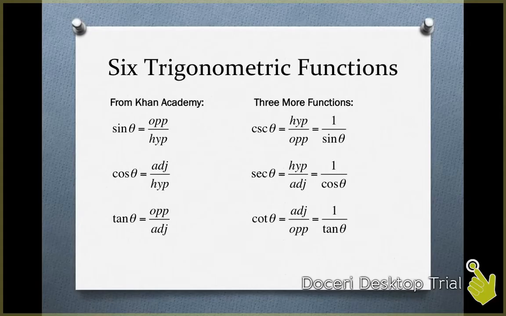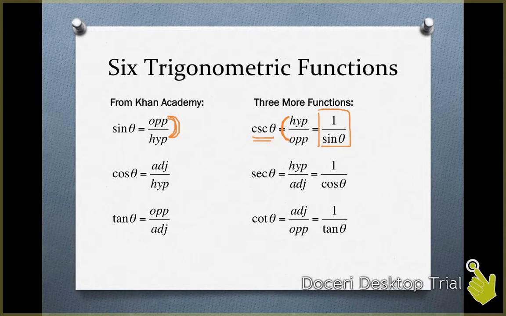So you'll notice here that with the cosecant, if I have a cosecant of theta, that is the same as the reciprocal of sine of theta. So 1 over sine theta. Which means that if sine of theta is the opposite over the hypotenuse, then cosecant in a right triangle is going to be the hypotenuse over the opposite.